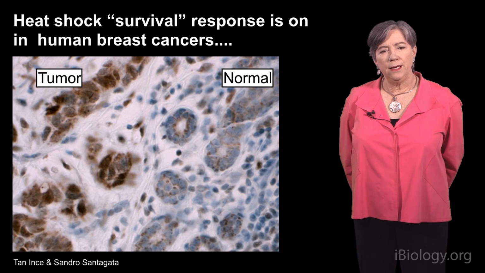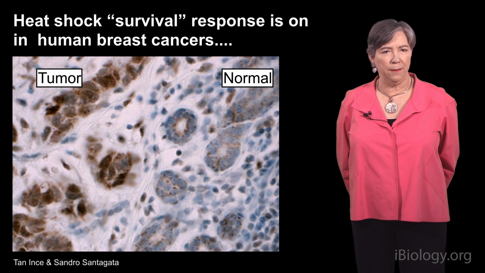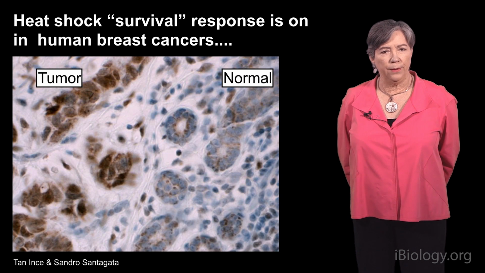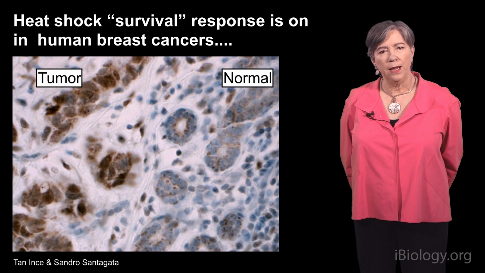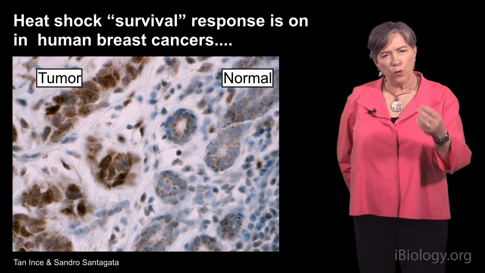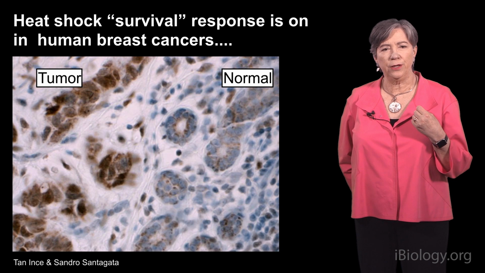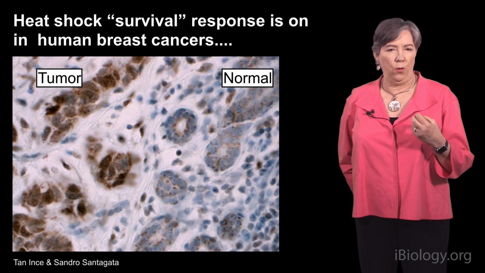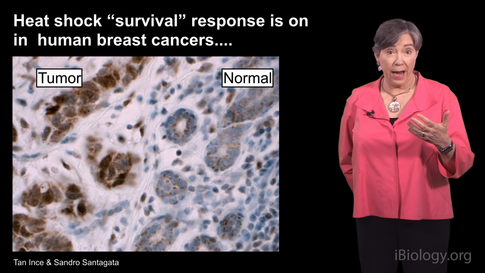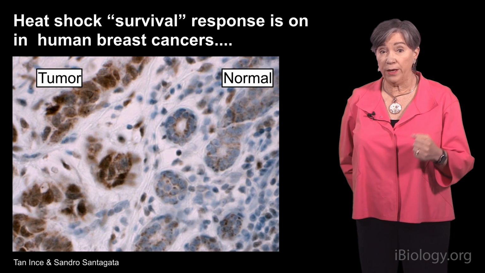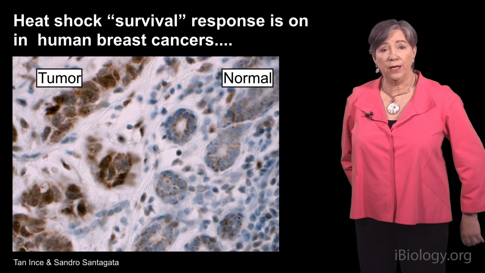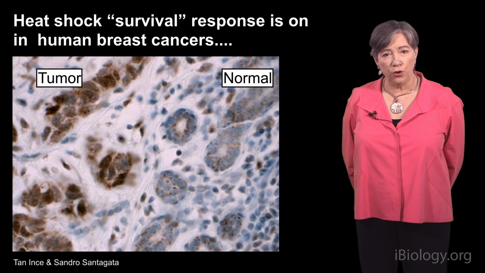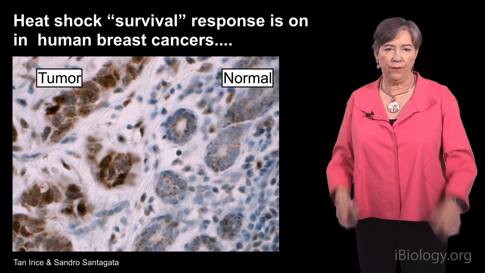And so what we did, one of the pathologists working in my group and another pathologist working in Bob Weinberg's group, Tan Inche and Sandro Sanagata in my group, looked at whether, when you took tumor samples directly from a patient and stained them with an antibody that would react with the heat shock transcription factor that I just told you about, there would be a manifestation of the activation of that transcription factor in the human tumors taken directly and immediately from the body.